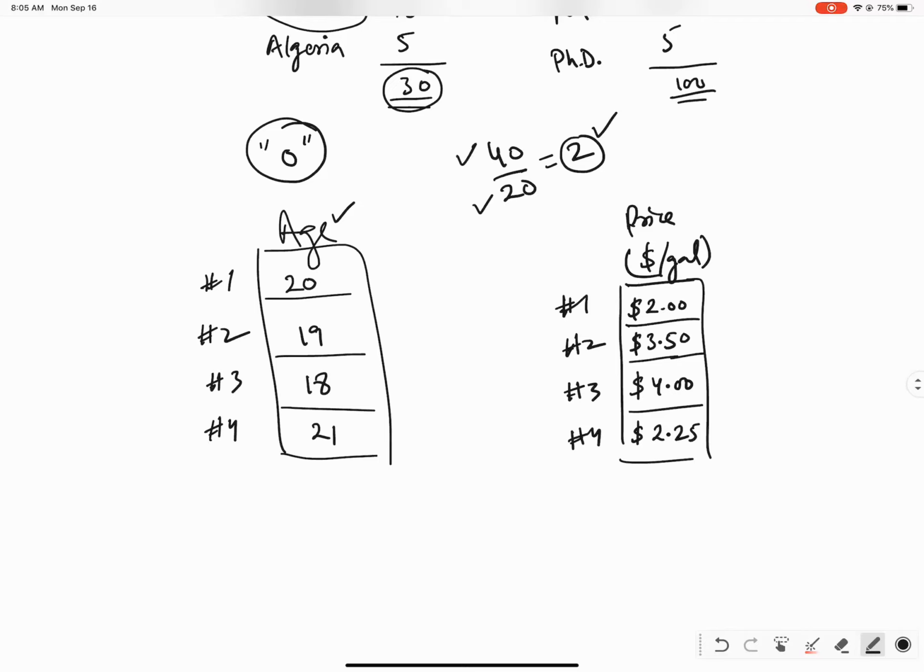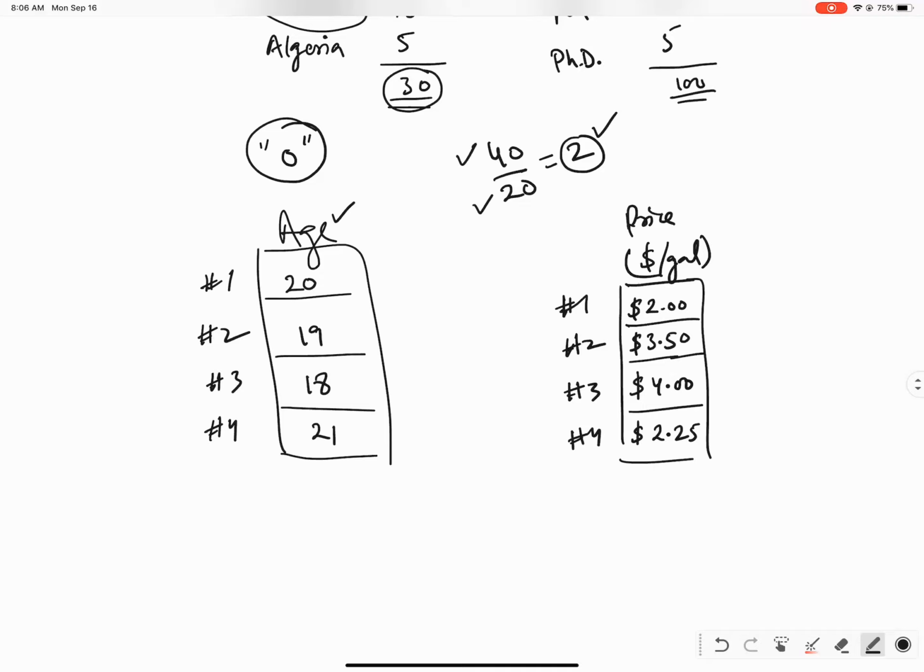So first of all, is this a numeric variable? Yes or no? The answer is yes. I see numbers in this column, and I can also interpret the numbers in terms of their differences and their sums. So for example, I can compare the first two values in this column and say that gas station number 2 is selling gasoline at a rate of $1.50 higher than gas station 1.